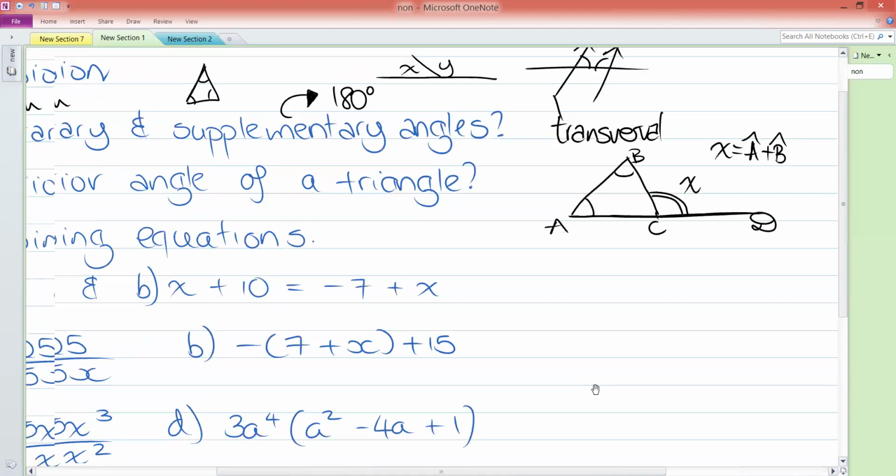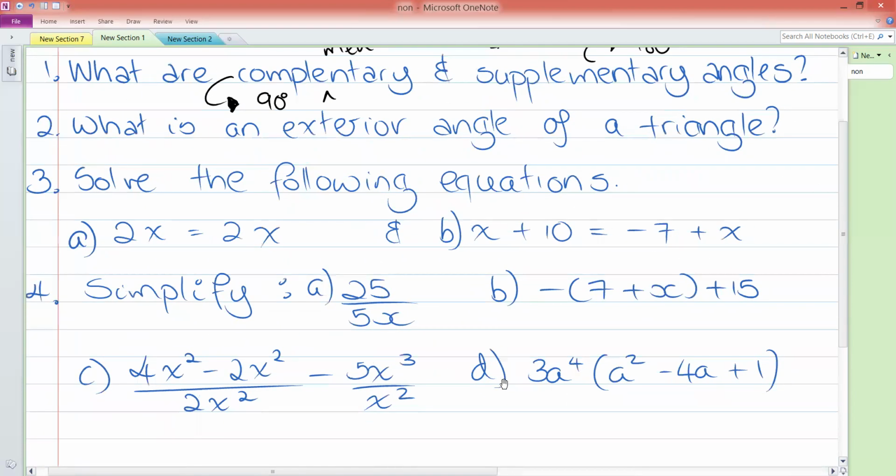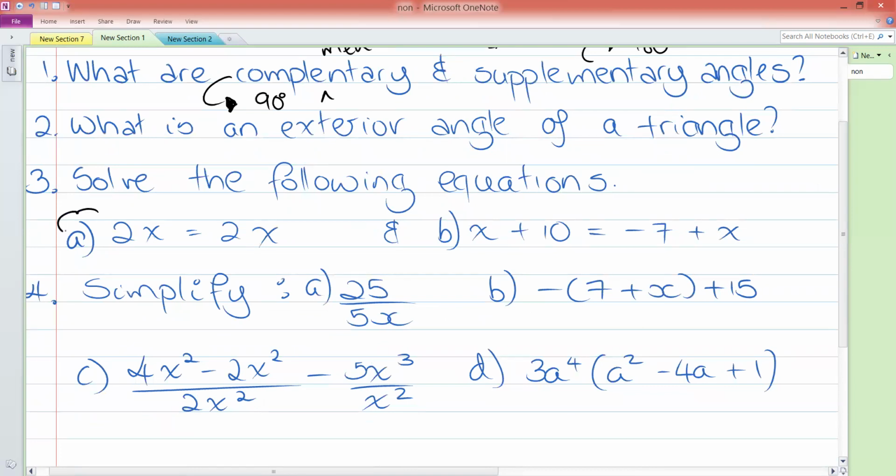Okay, now let's look at these two equations here. So the first one, 2x is equal to 2x. They want us to solve for x. Let's see. What could the value of x be here? What do you guys think?